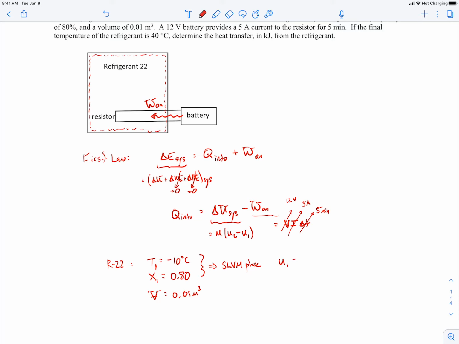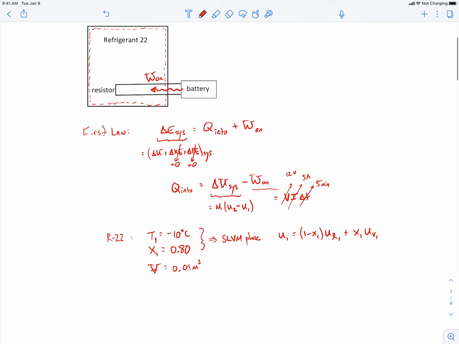So U1 would be 1 minus the quality initially times the specific internal energy of the saturated liquid initially plus the quality times the specific internal energy of the saturated vapor initially. And to find these two terms, we'll use the saturated liquid vapor mixture table for R22, organized based on temperature, since I'm given a nice round temperature here of minus 10 degrees C.